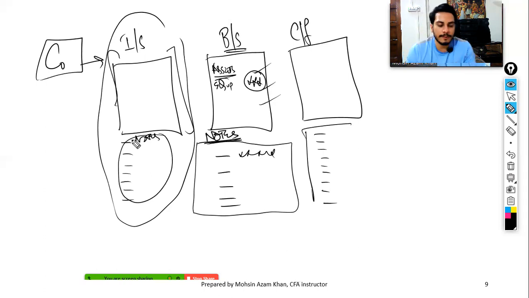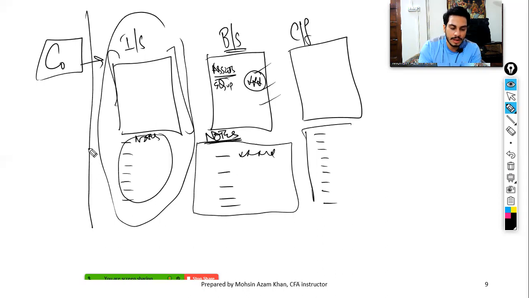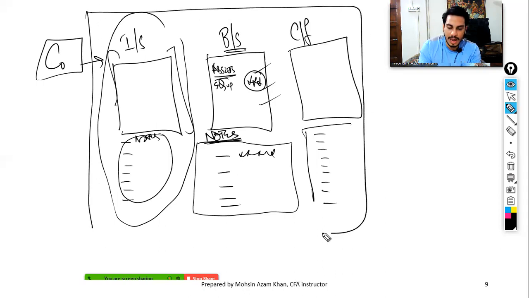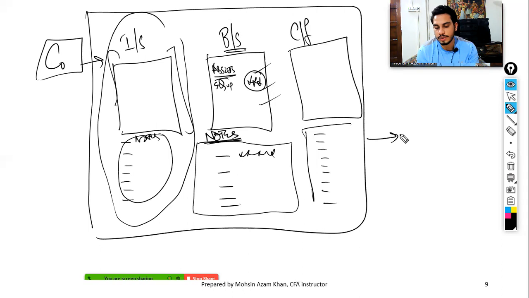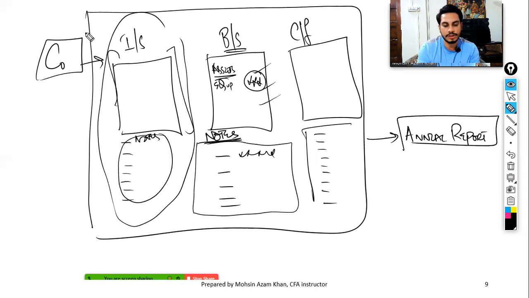Now remember, where does the company report these financial statements? The company reports them in a single report called the annual report. In that annual report there is a part called financial statements, and through the annual report you can go through the financial statements.